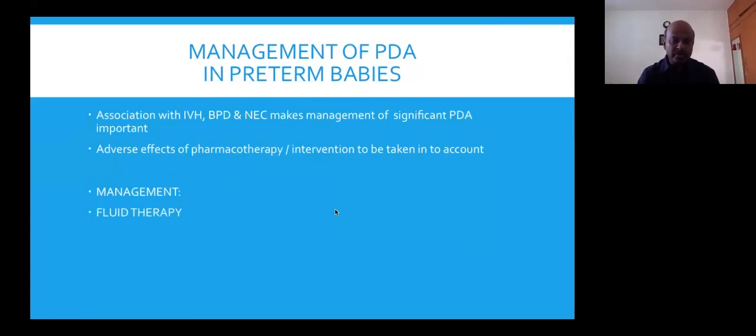There has been a lot of discussion about fluid therapy, whether fluid restriction, severe fluid restriction helps in curtailing the ductal shunt. A lot of studies advocate that, but of late the consensus is that fluid overload more than 170 ml per kg per day on day 3 of the neonate or preterm baby's life is what correlates with a large persistence of a PDA thereafter.